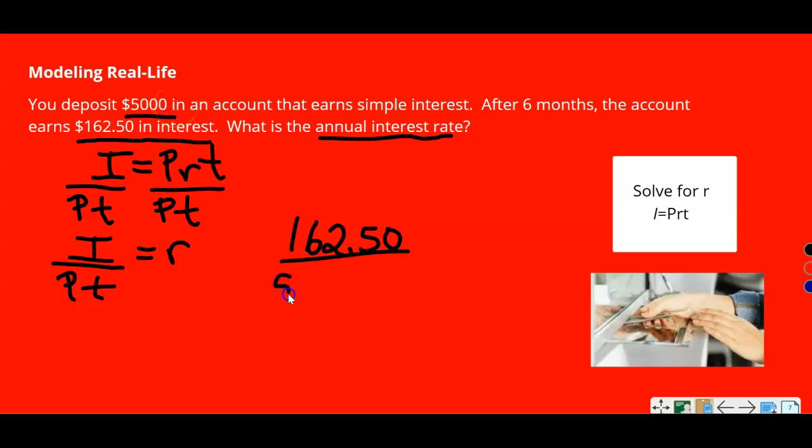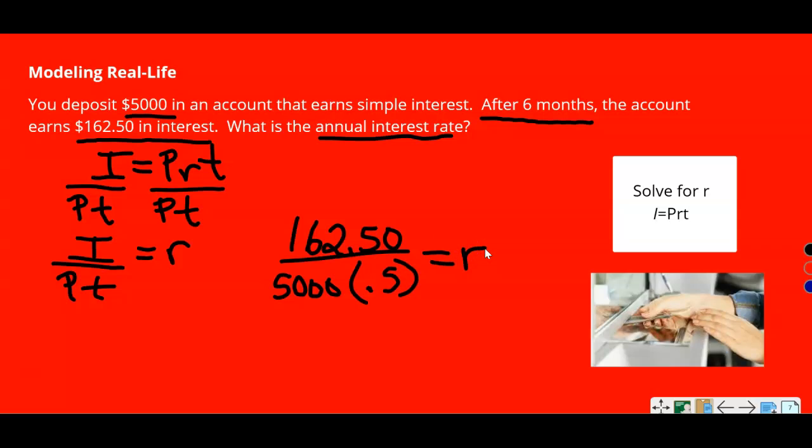So that amount is your principal. And then T is time. So time is always in years. This tells us that after 6 months, the account has $162.50 in interest. So 6 months out of 12 months equals 1/2 year. We can put 1/2 or 0.5. And that's going to give us our rate.